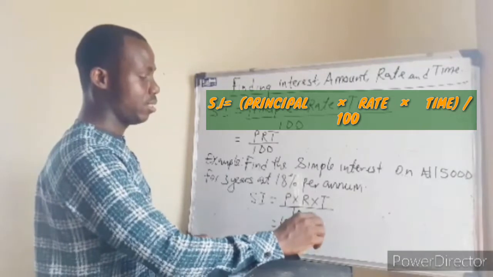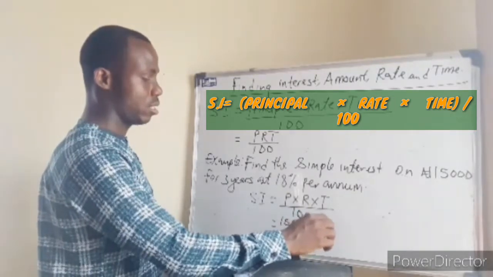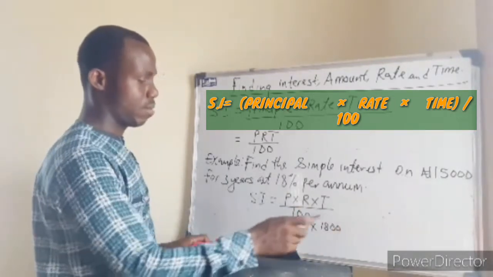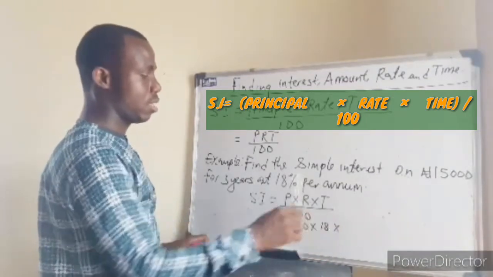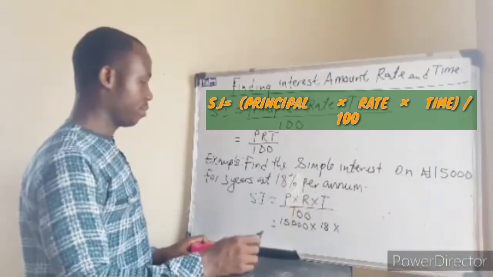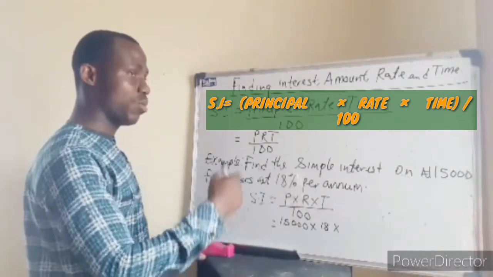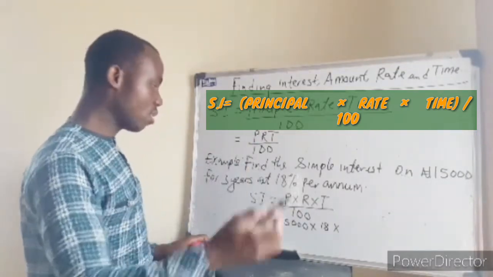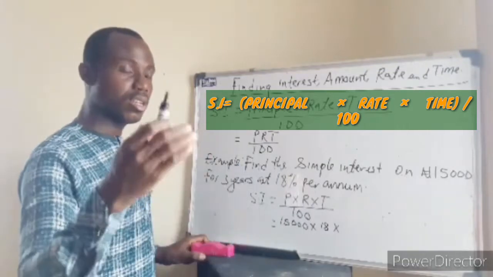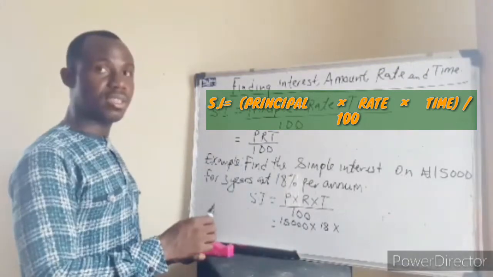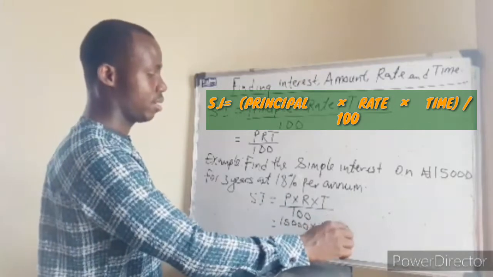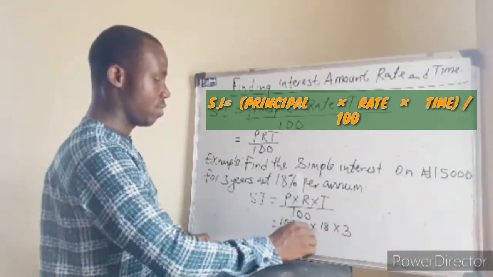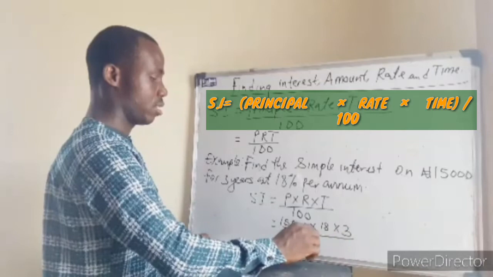So times 18, times time. Time could be in months, years, seconds, minutes. So the time is 3 years, times 3, all over 100.